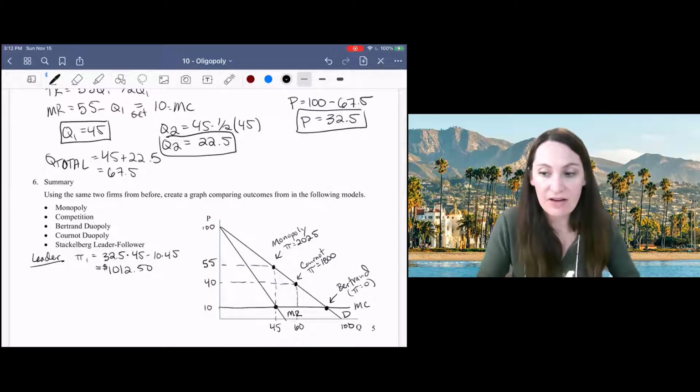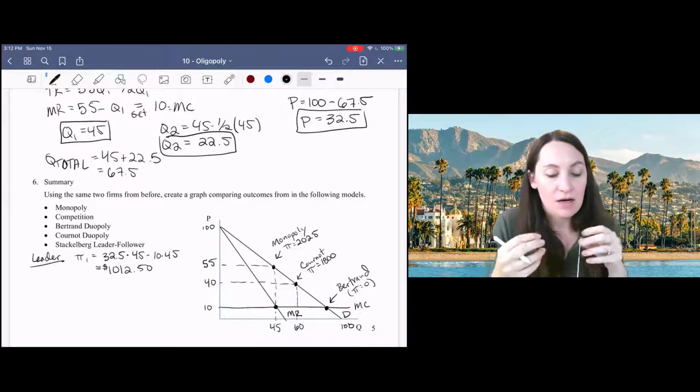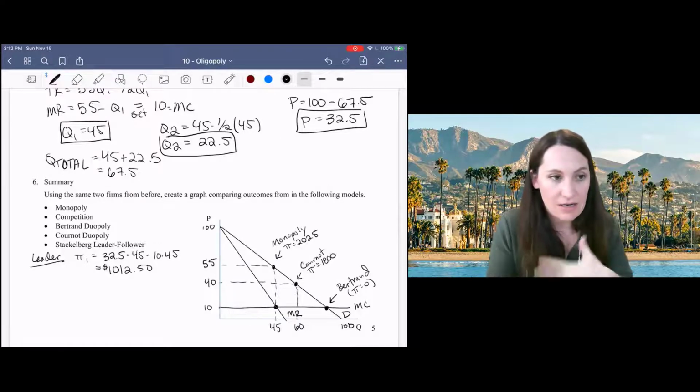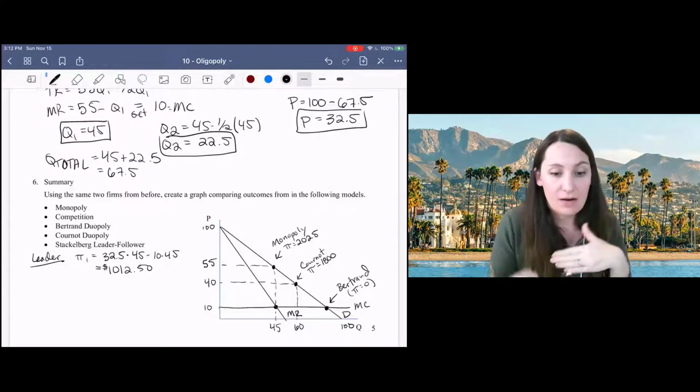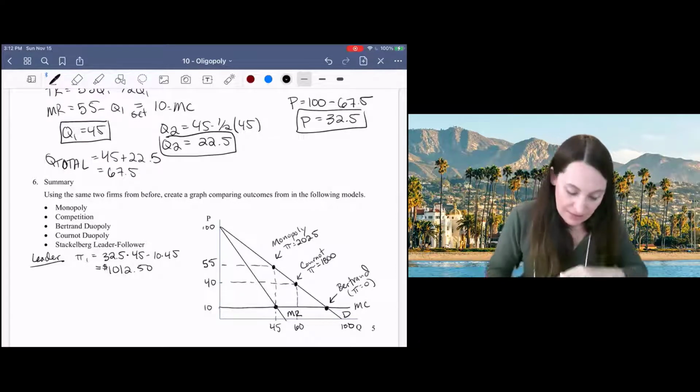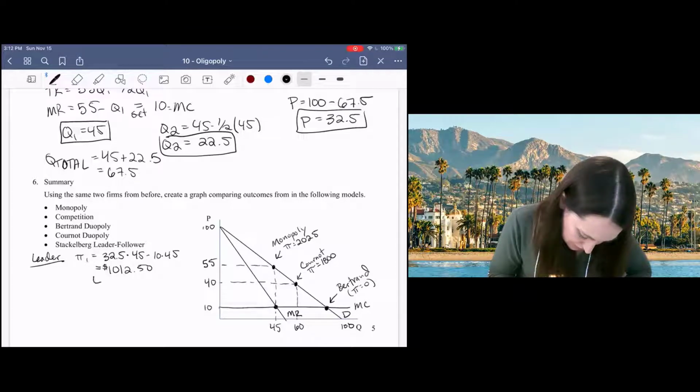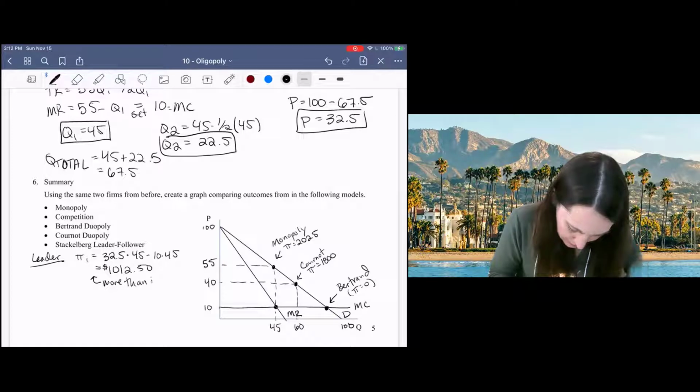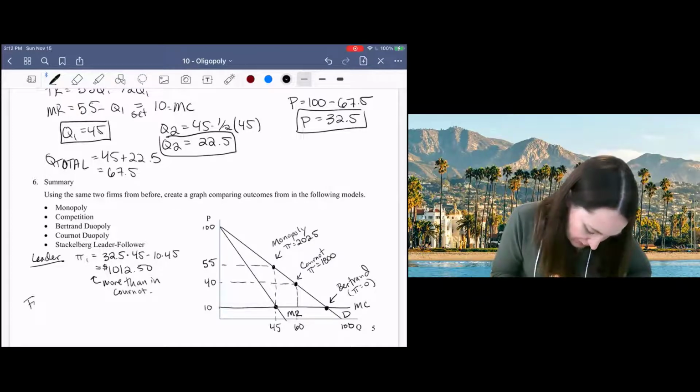The leader takes advantage of this situation and strategically increases their output to earn more profit in the Stackelberg model. So this is more than Cournot. But the follower will earn less.